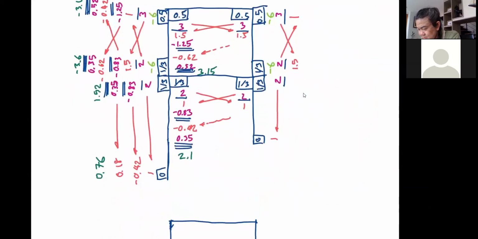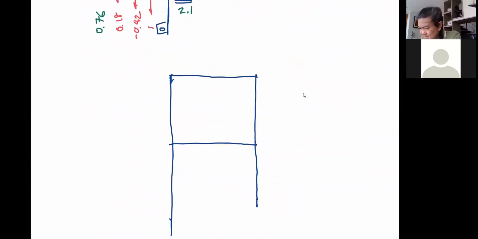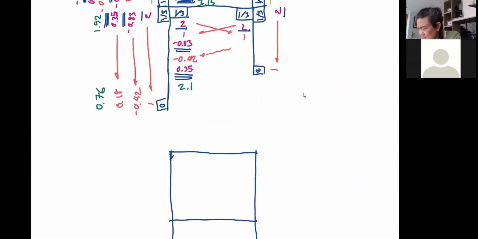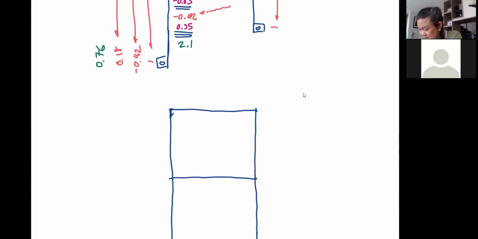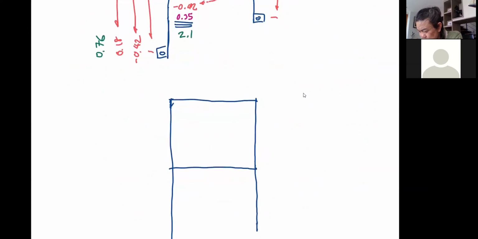Let's put the distribution factors in to make it look better. One third here, one third here, one third, one third, one third, one third.